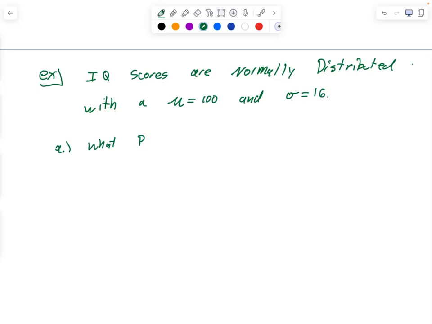All right. So what is the z-score? How do I find the z-score? We know my mean, we know the standard deviation, and we know the score that we're looking for.